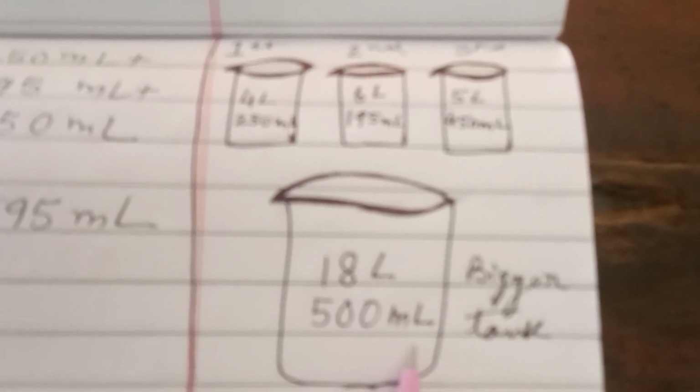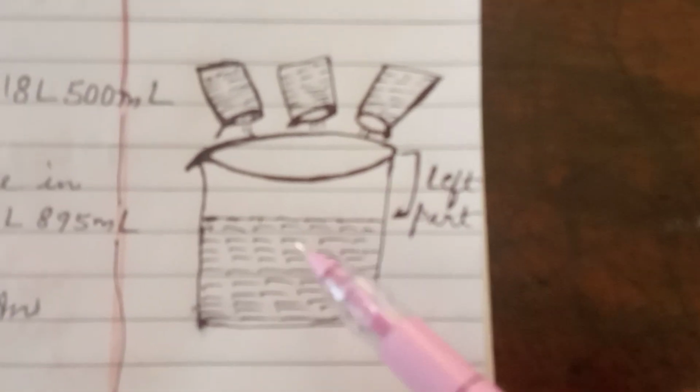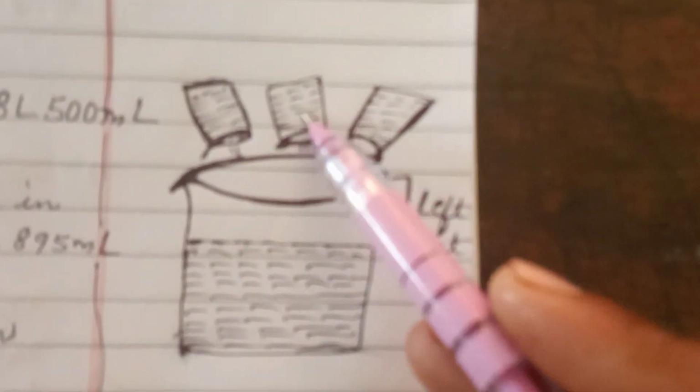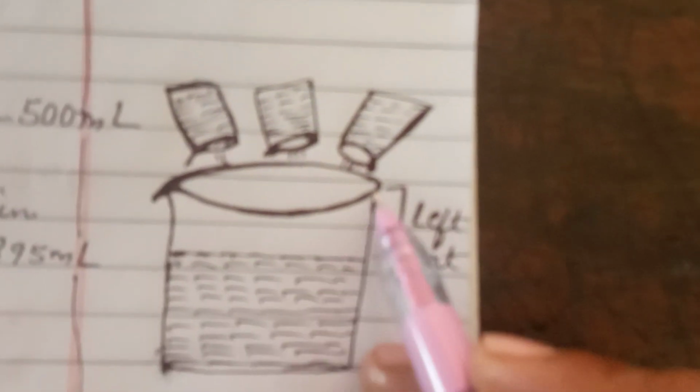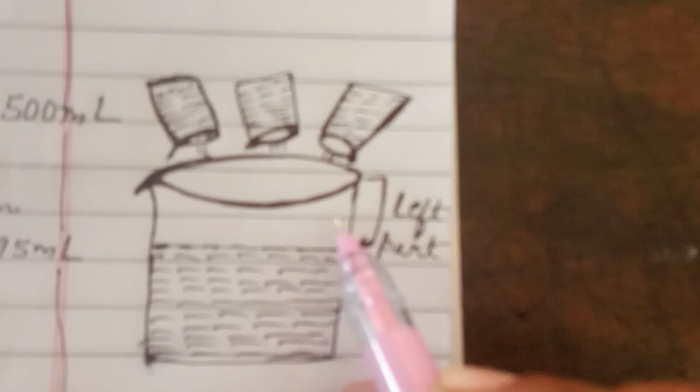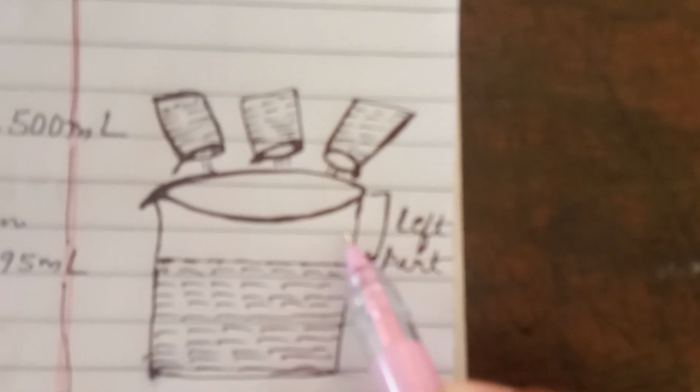We will empty all these 3 into the bigger one. Looking at the figure, these 3 containers are emptied into the bigger one, but still this much portion is left. So you have to find the leftover capacity. How much oil can be filled more?